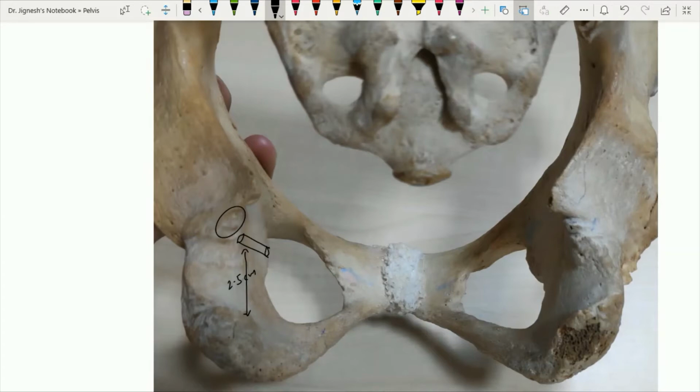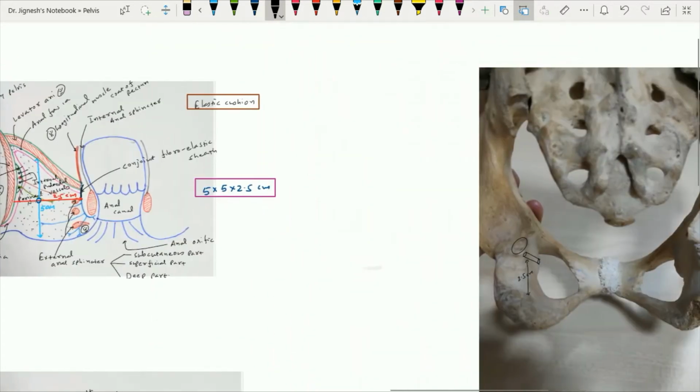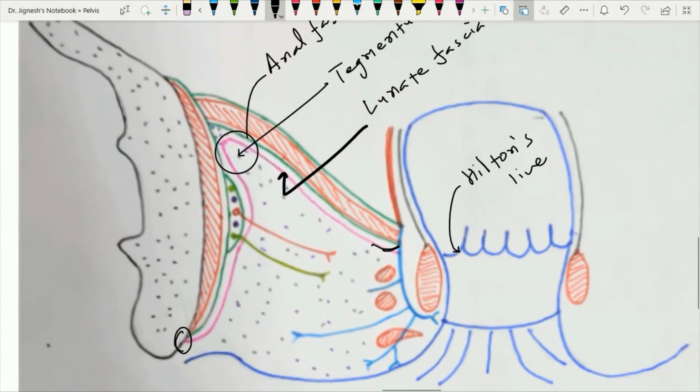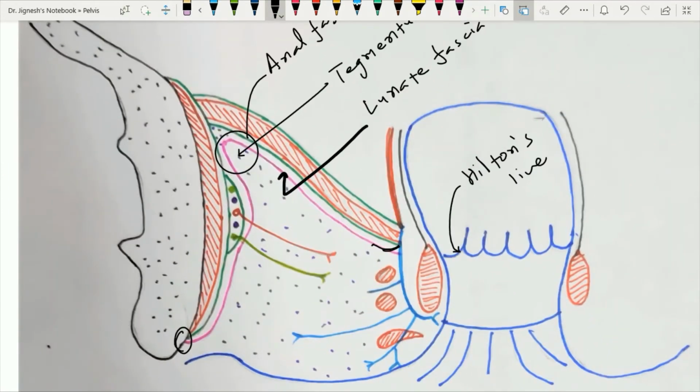When we see this pudendal canal in the coronal section, we can see that it is formed by the splitting of the obturator fascia, or by the separation of the obturator fascia and the lunate fascia.